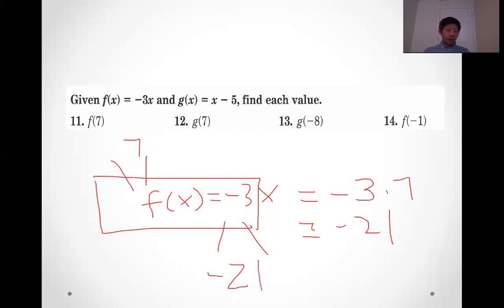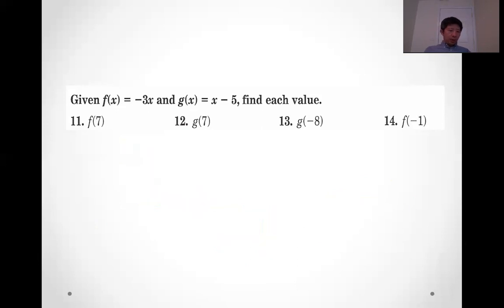All right, I will give you a couple of minutes and then you can complete the rest of it. Or maybe I will do the second problem for you. Now g, okay, what about g? g of 7. So I want to replace x with 7.